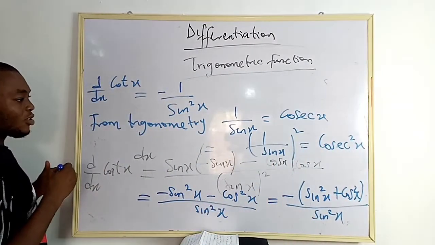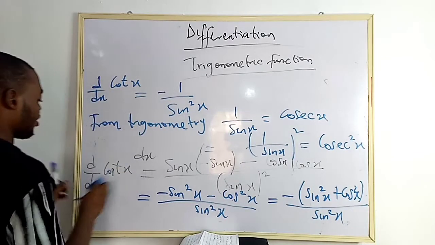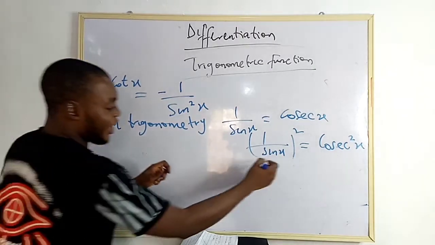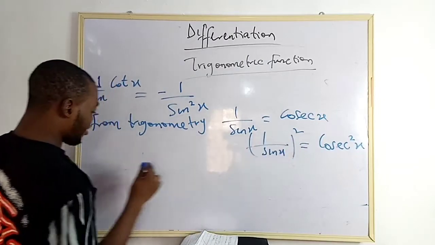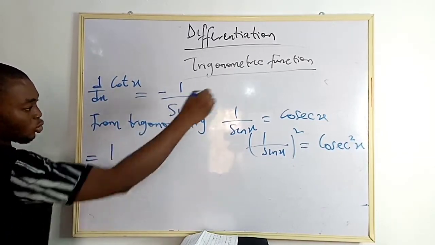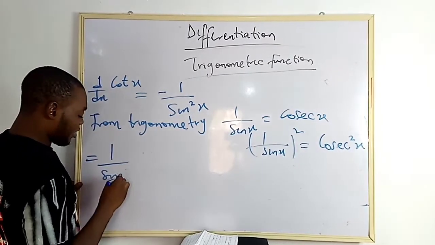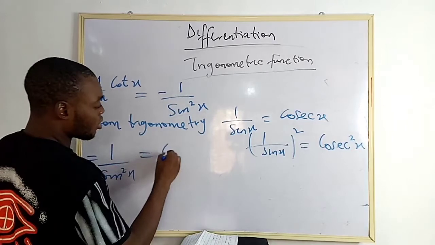And 1 over sine x, everything squared, is the same thing as 1 squared over sine x squared, that's 1 over sine squared x. So that means 1 over sine squared x will be equal to what?